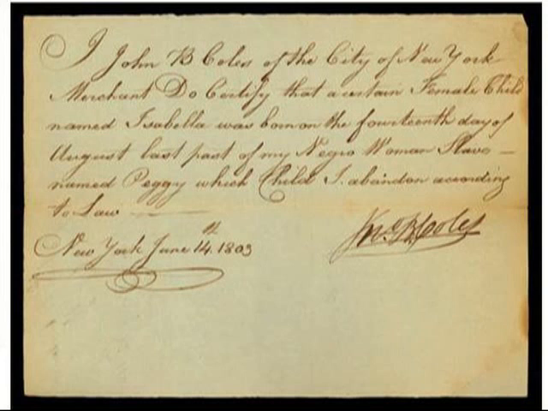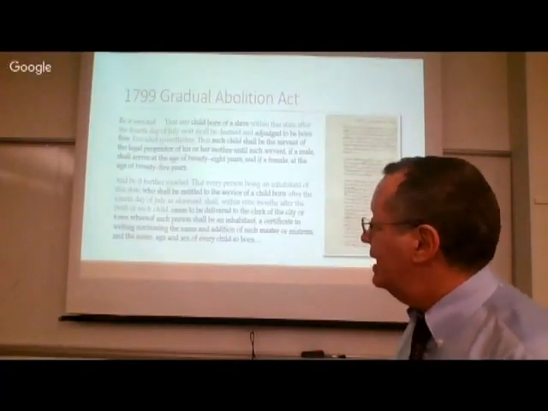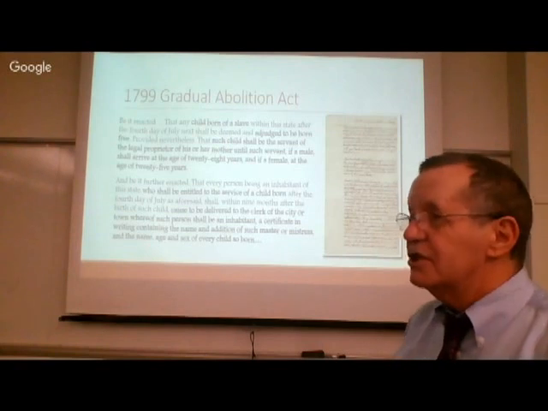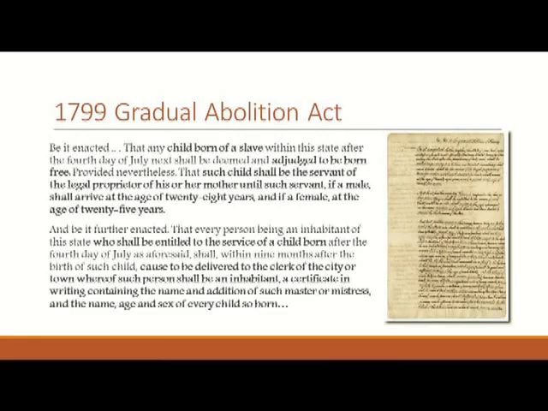Now, what does that mean? We'll go to the next slide. The gradual abolition law was the law ending slavery that was signed by John Jay when he was governor. Now, this is a law which John Jay said wasn't the law he wanted, it was the law he could get.